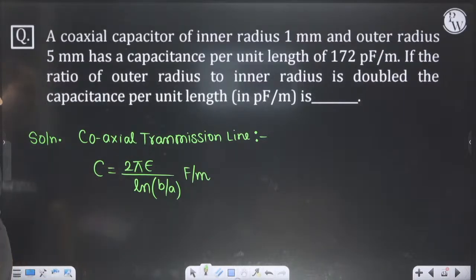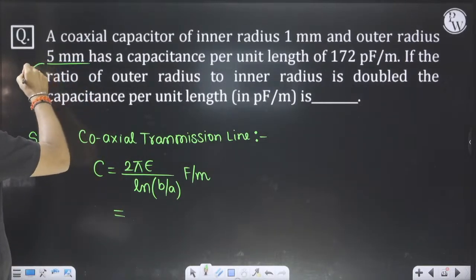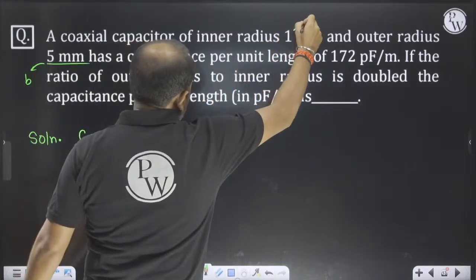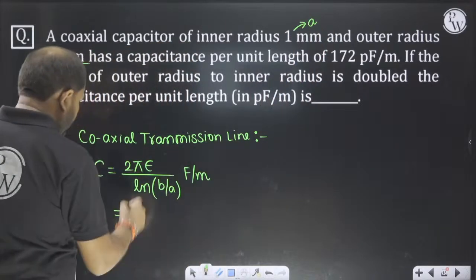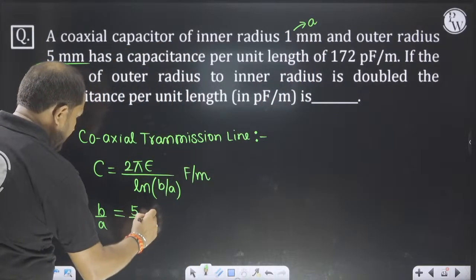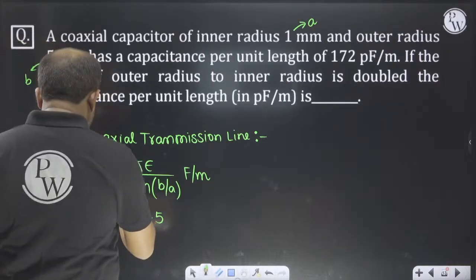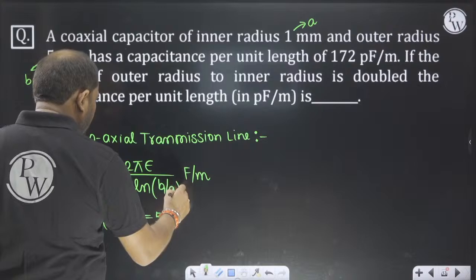And what is the value of B? Here the outer radius and inner radius are given. This one is the value of B and this one is the value of A. So our B by A is 5 by 1, that means 5. So this one is capacitance C1, with B1 and A1.